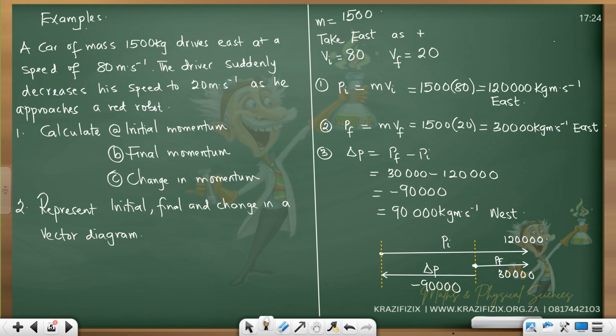Whether we draw it on one single line, whether we draw it on 3 lines, it really doesn't matter. What matters is the size and the direction.